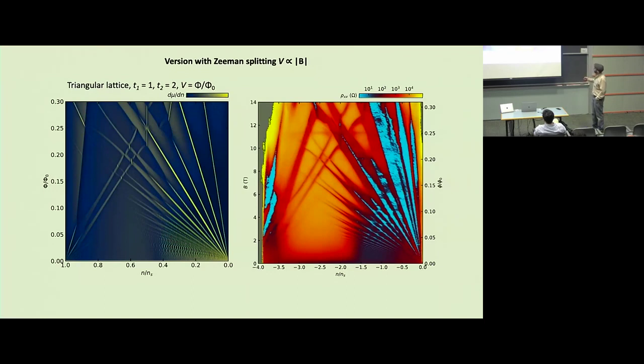And if you look at this calculation and the data, they bear a pretty remarkable resemblance, especially when you consider that this is nowhere near a microscopic model for the system.